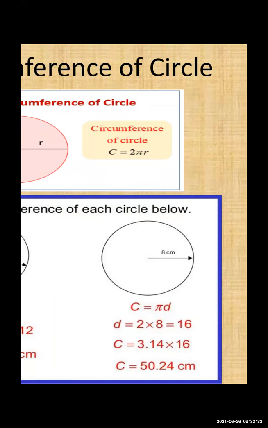They have found the value of d equal to 2 into 8, that is 2 into radius r, which is 16. Then to find the circumference, C is equal to 3.14 multiplied by 16, and doing the multiplication we get 50.24 centimeter.